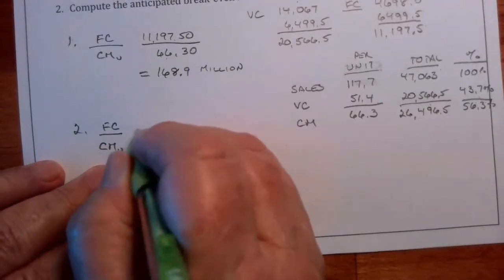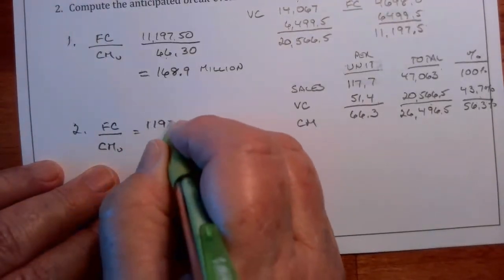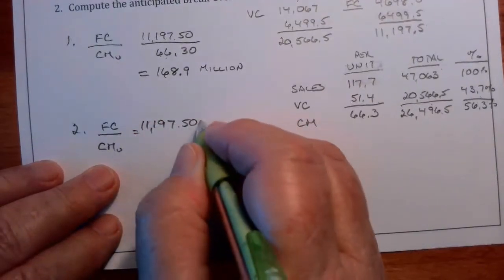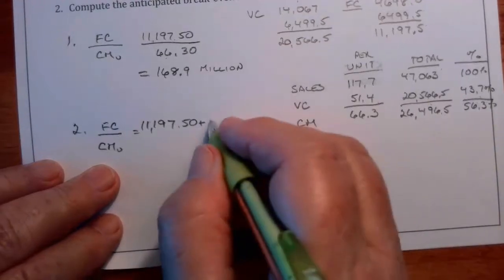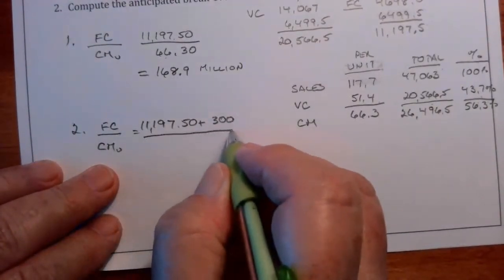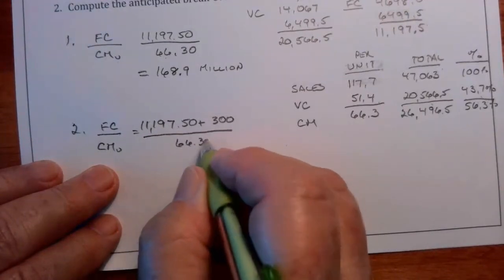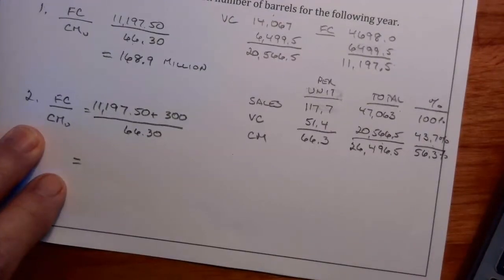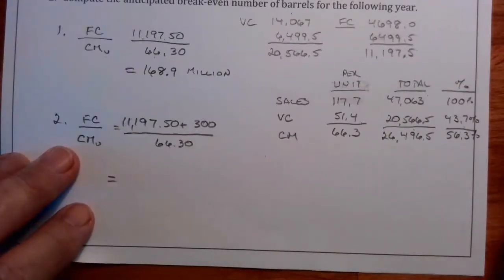My fixed costs are going to be 11,197.5 plus 300 million, which is 11,497.5, divided by 66.3.